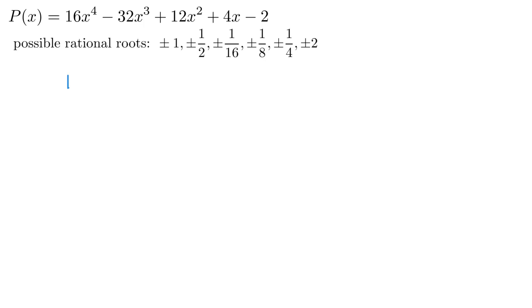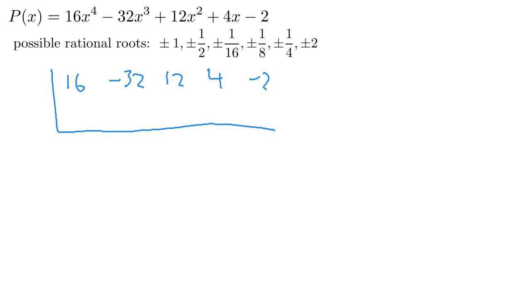So let's set it up. 16, -32, 12, 4, and -2. Separator line. Okay, let's try a half. Drop the 16. Multiply. 1/2 times 16 is 8. Add it. -32 plus 8 is -24.